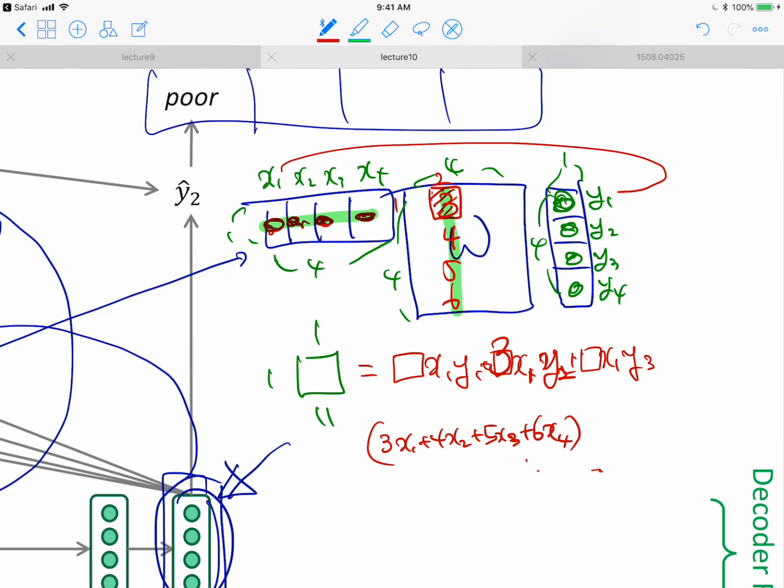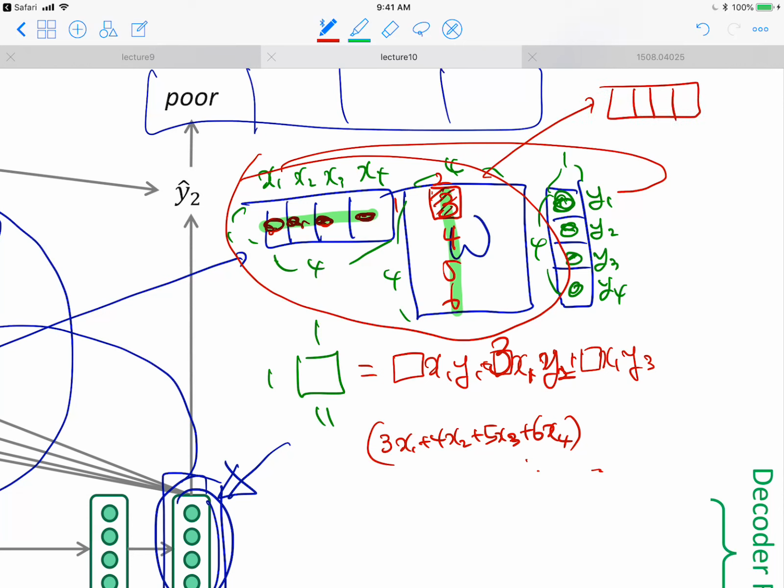That part will form a single 4-dimensional row vector, and in this row vector it will form this second element, and that second element will be multiplied with y2, right?